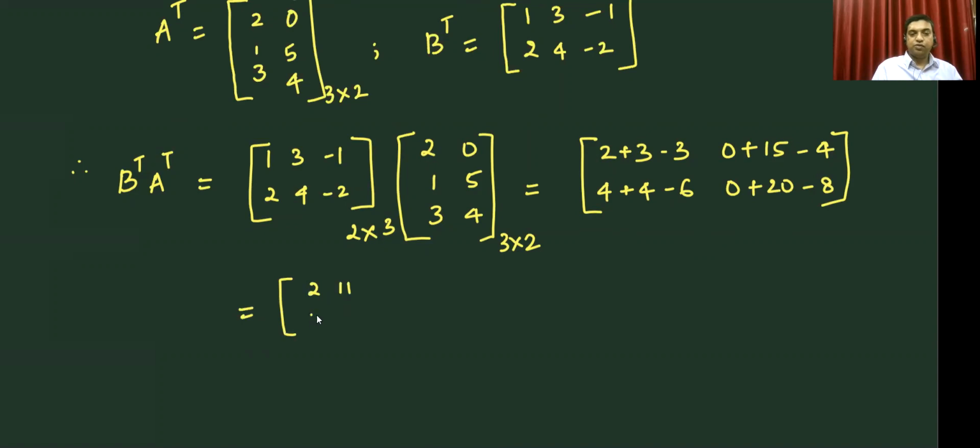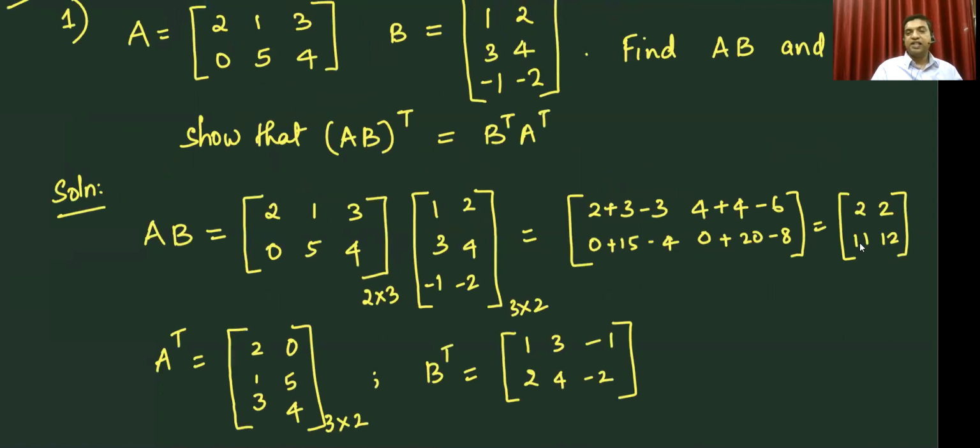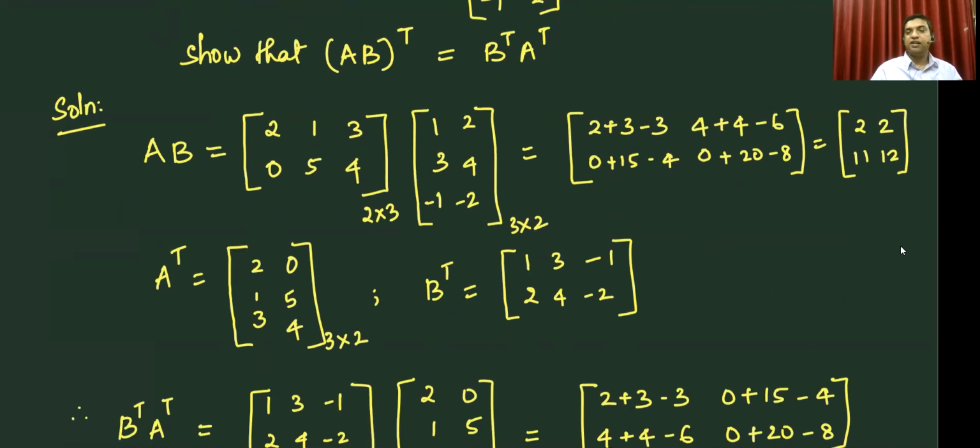2, 11, 2, 12, which is the same as, observe this, AB is 2, 2, 11, 12. The transpose of this will give you 2, 11, 2, 12, right? Changing the first row to the first column.